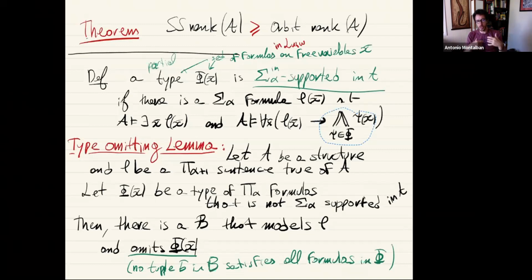That's all you committed to, and since no sigma alpha formula implies the whole type, because the type is not sigma alpha supported, there has to be some tuple in your structure where you satisfy the same things you have committed to, but you can make the type false. So you have to be careful about that.